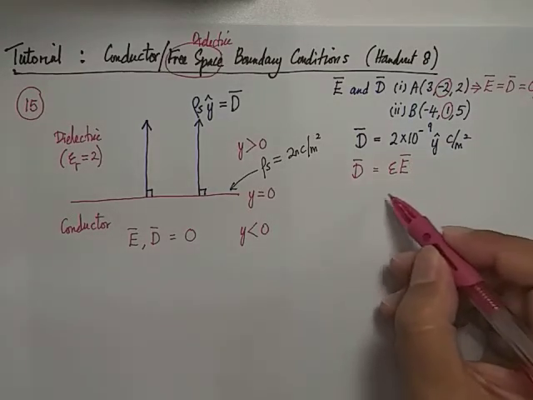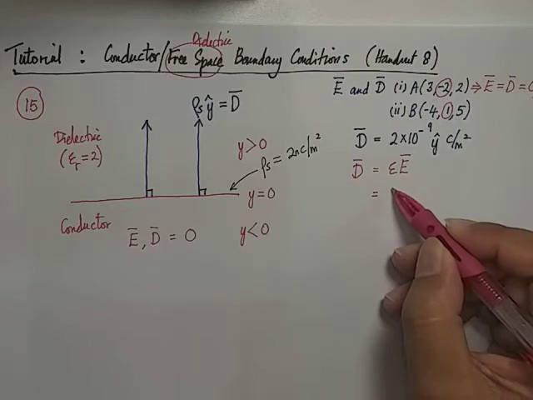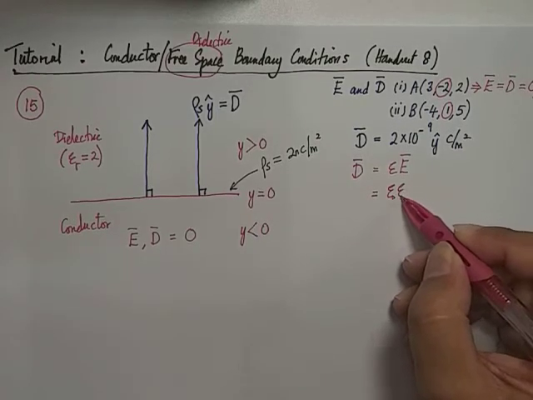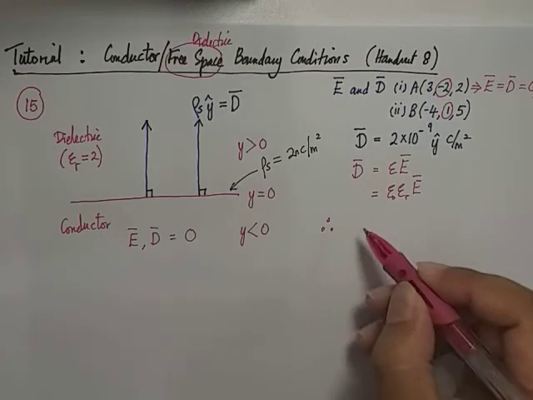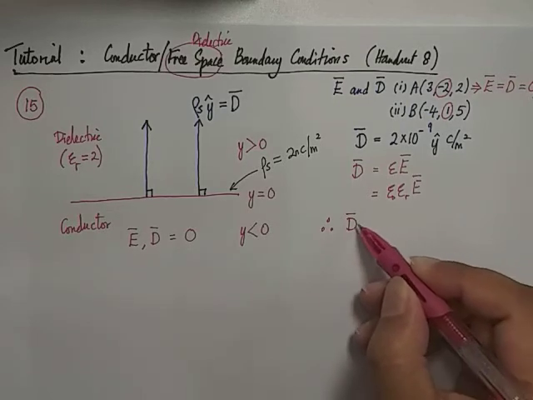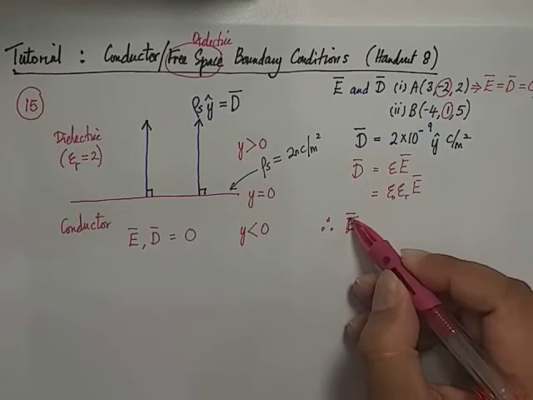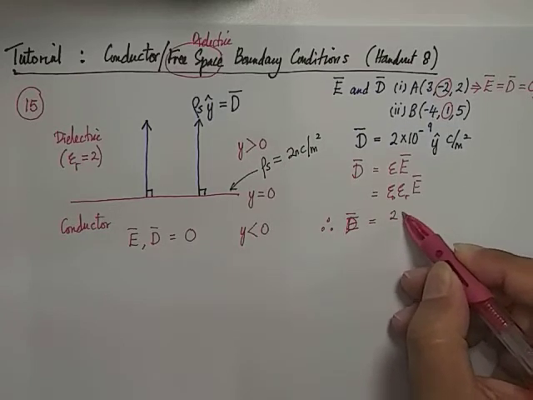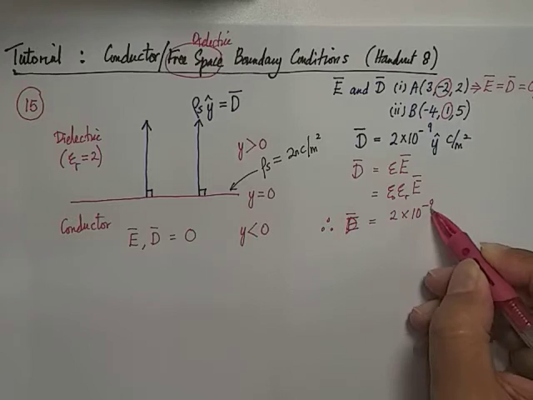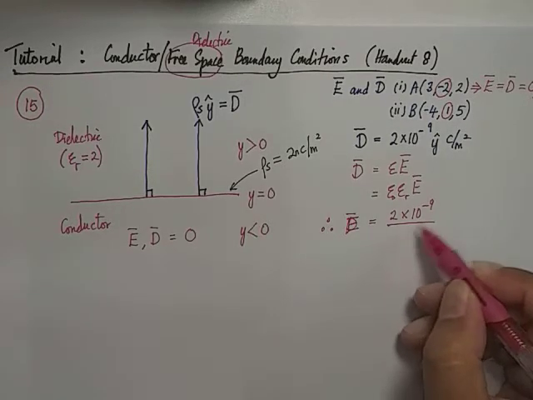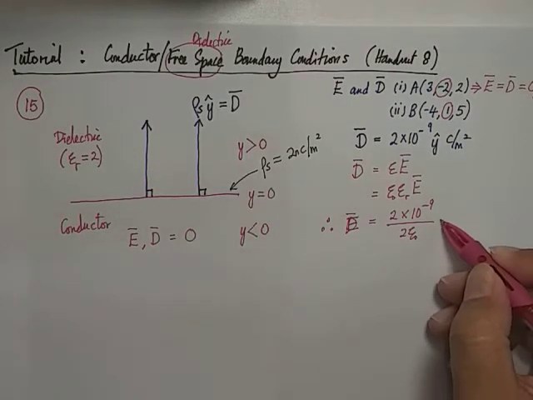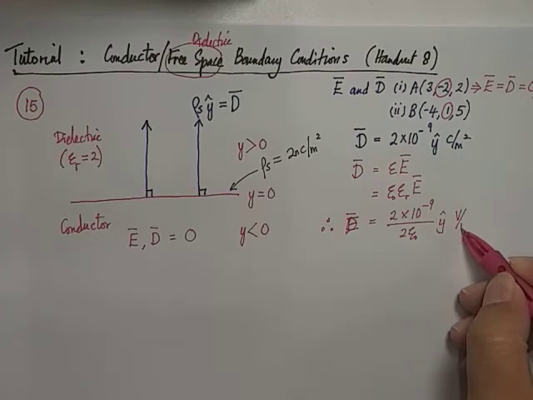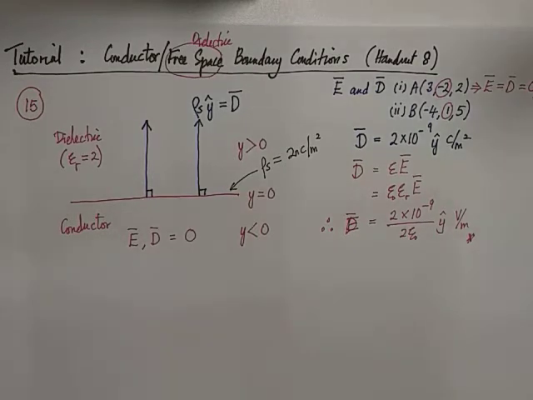And the epsilon can be represented by epsilon naught, epsilon R, multiplied with the E. So therefore, to answer the question now, the electric field E should be equal to 2 times 10 to the power negative 9 divided by, because epsilon R is equal to 2, so 2 epsilon naught in the y direction, so the unit should be volt per meter. That should be the solution for the electric field intensity at position B.